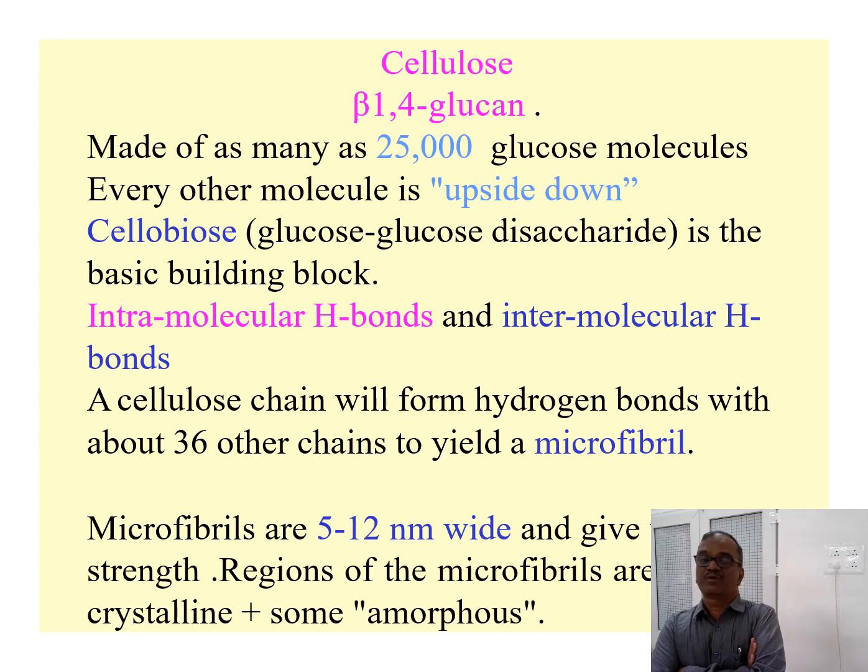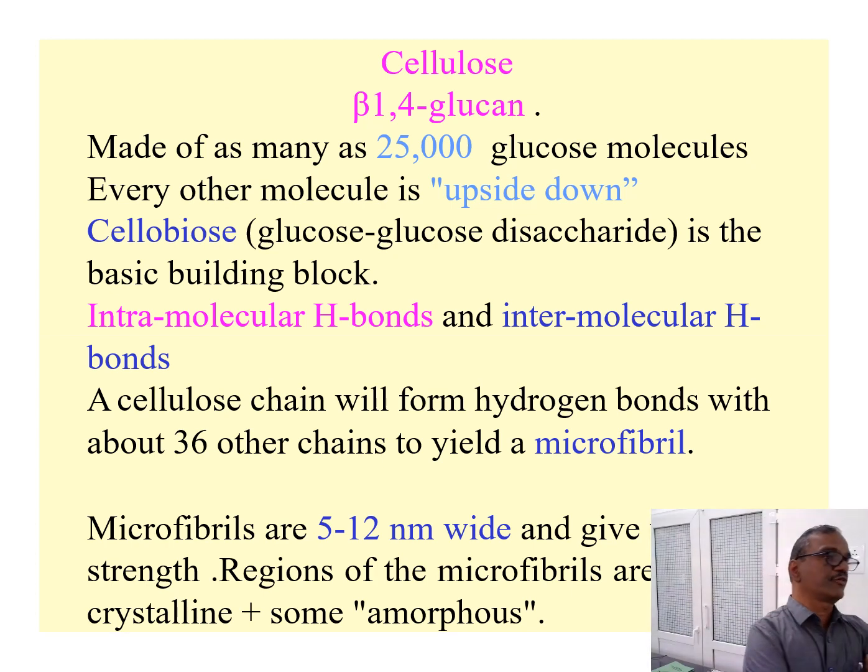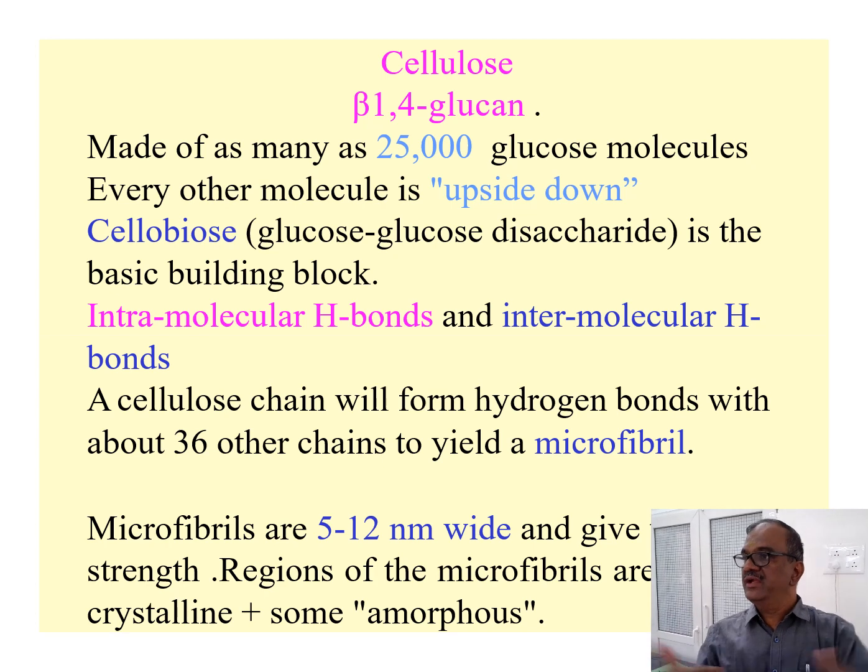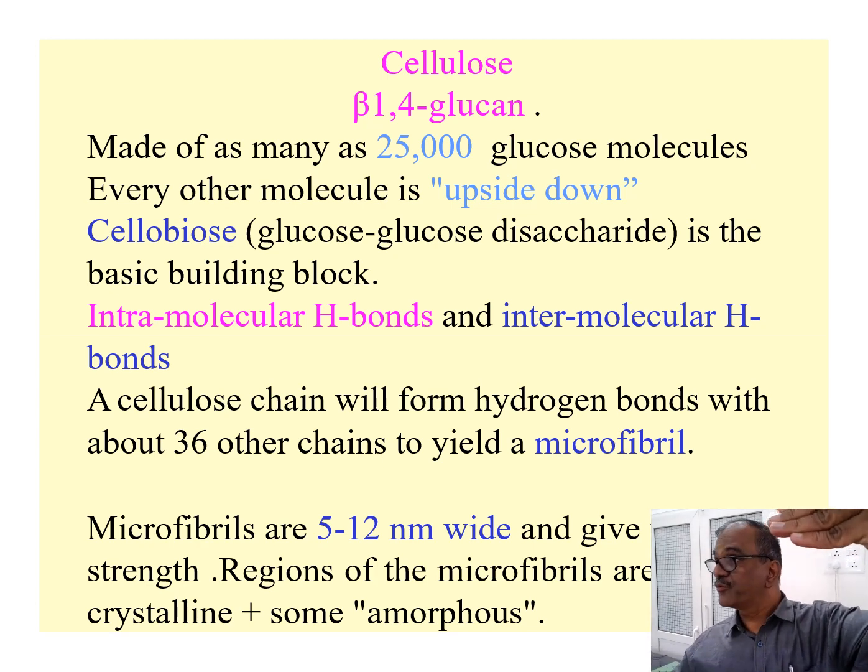Cellulose, beta 1,4 glucan. Just to see that 25,000 glucose residues are deposited and they are united one with another, at the angle where 1 is here, 4 is here. Are you able to see the hexose molecule, the glucose molecule? One glucose molecule is attached to the fourth position of the next glucose molecule.